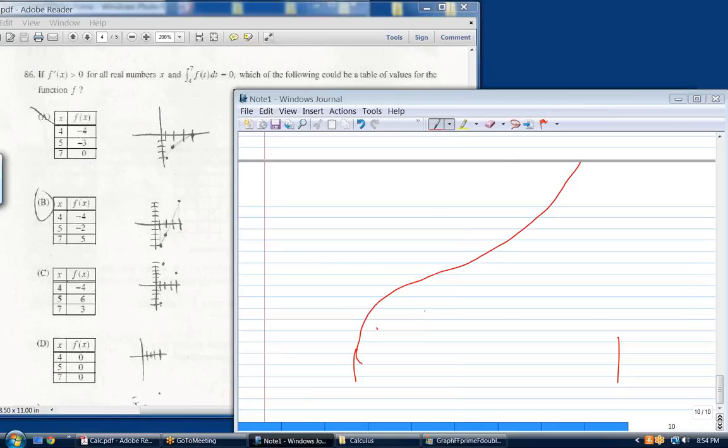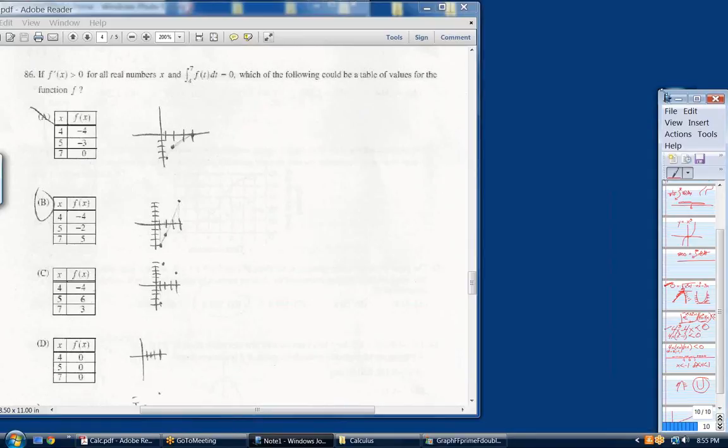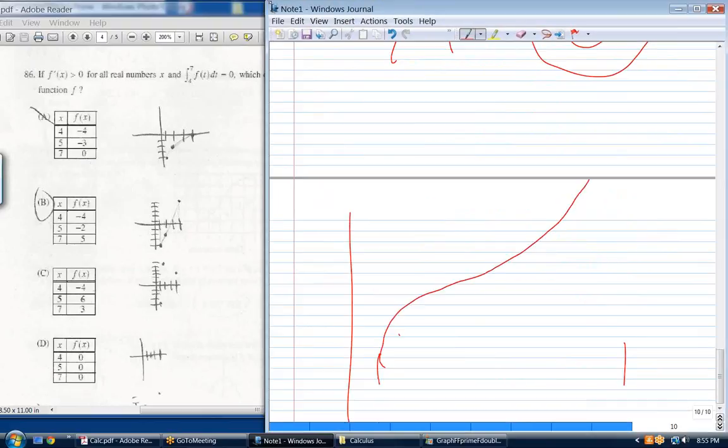Notice that if the integral, if this was my original function, notice that the area could not be 0, right? Between 4 and 7. In other words, this integral gives us the area under that curve. So what that means is that we must have some negative values there.